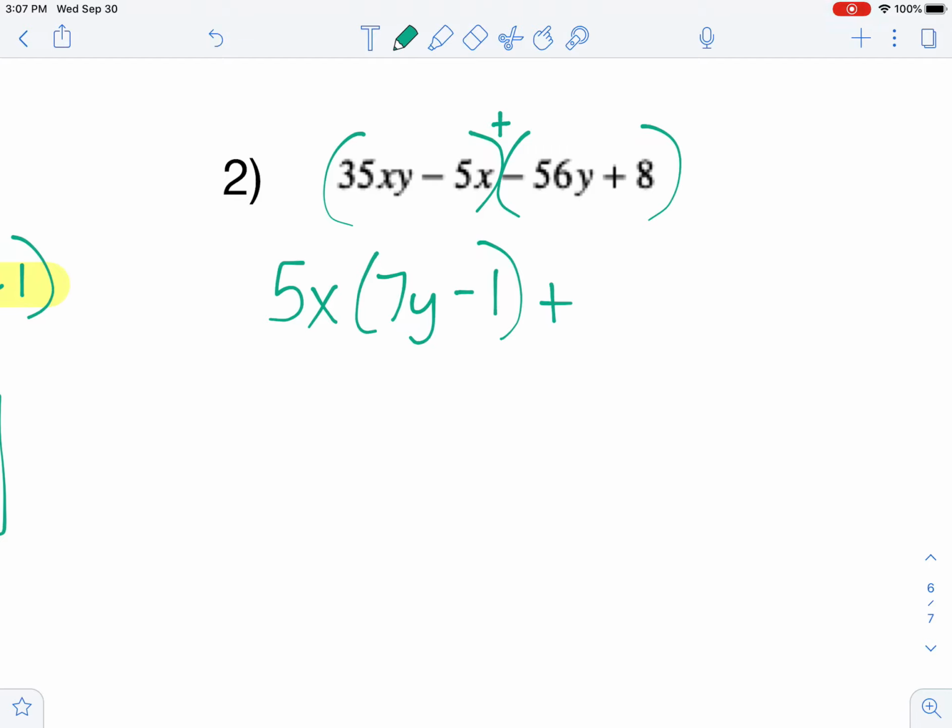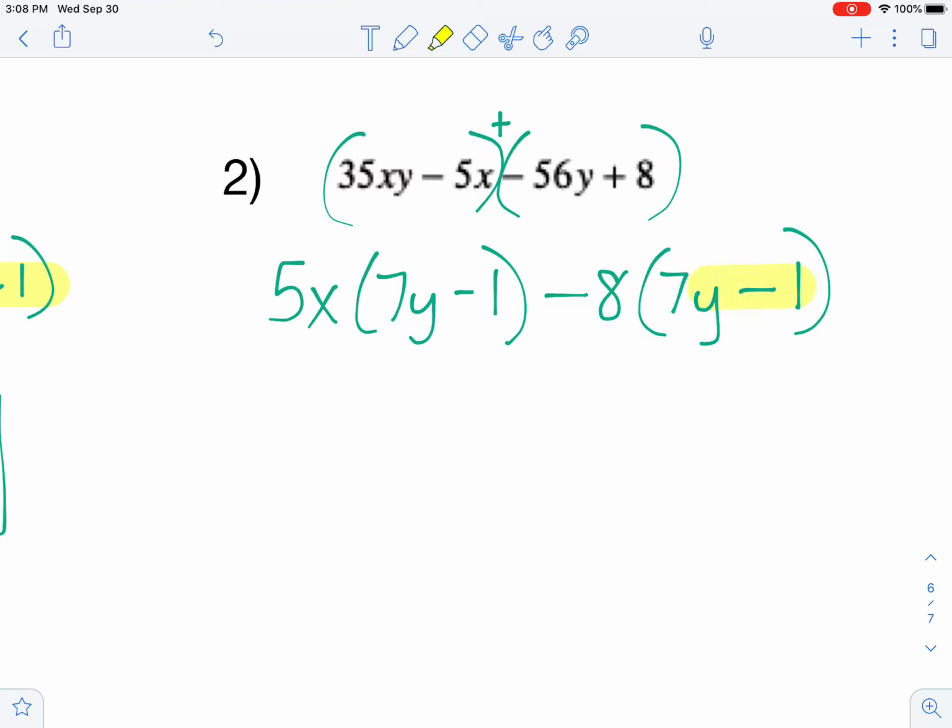I want this to always be addition, okay? So I'm going to factor out the negative. Factor out a negative right here, a -8. So that now this is positive 7y minus 1.